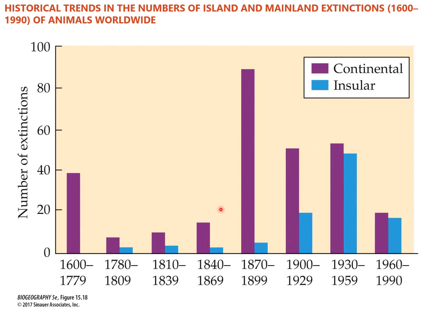And around 1800, you see a big increase in the continental, but then basically a shift to decreasing continental extinctions and increasing island extinctions, starting about the turn of the 1800s into the 1900s. So an interesting trend where lots of expansion going on, and maybe continental expansion had started to slow down as humans have become more common on most continents and have started to expand to more isolated parts of the globe.